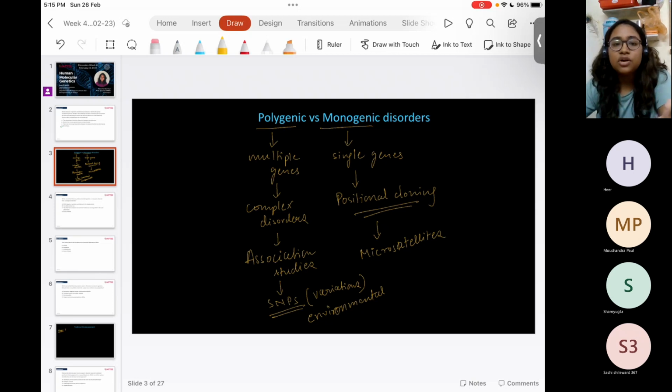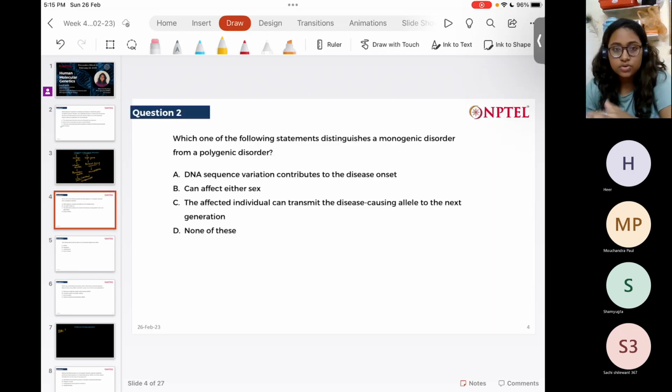So we have now recalled the concept of polygenic and monogenic disorder. Using this concept, let us try to solve this particular question, which is displayed on your screen. Which one of the following statements distinguishes a monogenic disorder from a polygenic disorder? Option 1, DNA sequence variation contributes to disease onset.